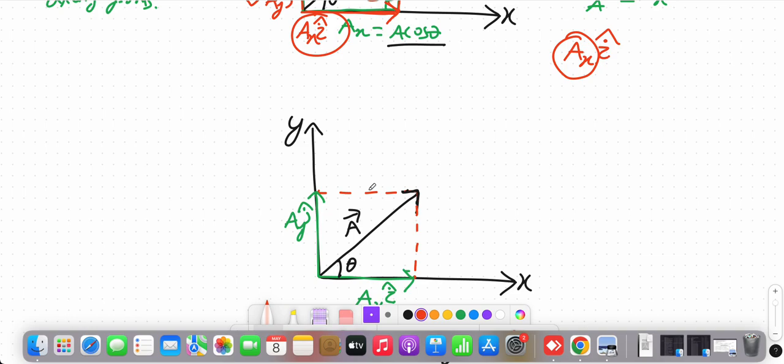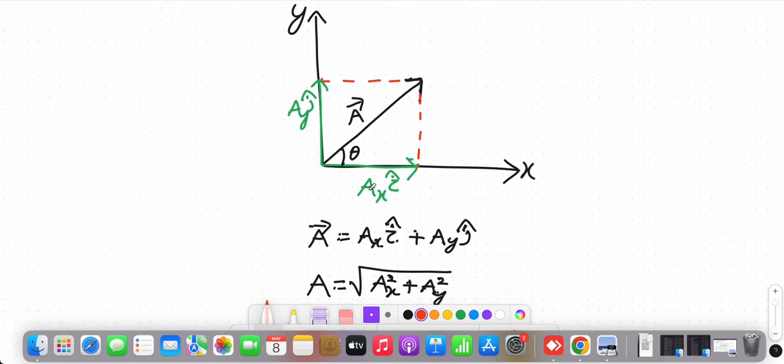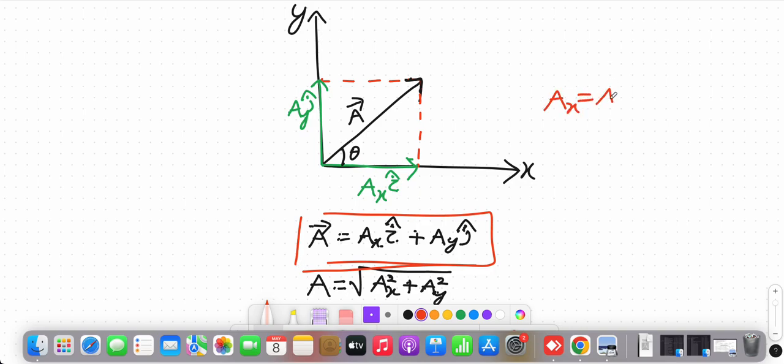So I can write AX I cap plus AY J cap is equal to vector A, where in this particular case AX is A cos theta and AY is A sin theta. This is called resolution of vector.